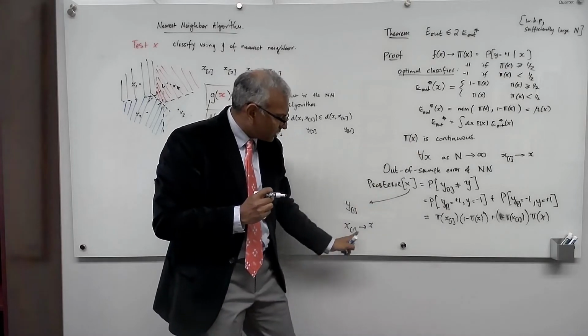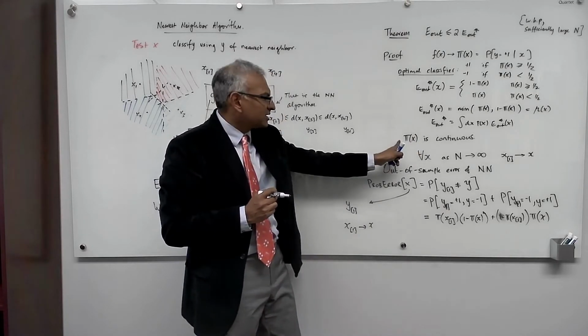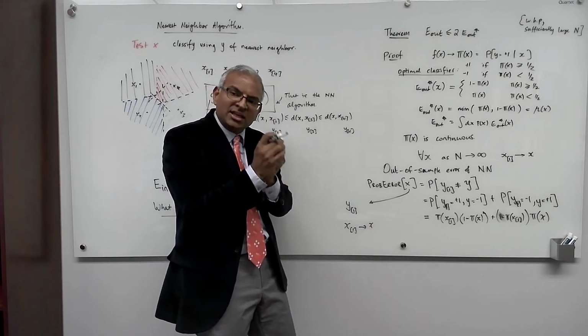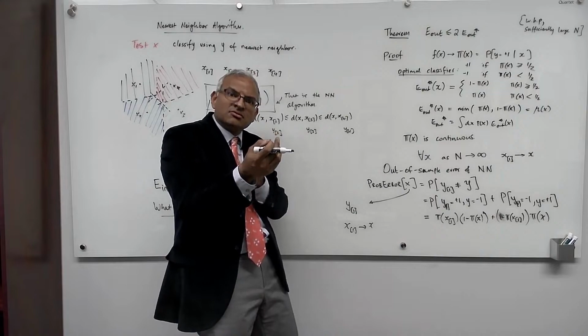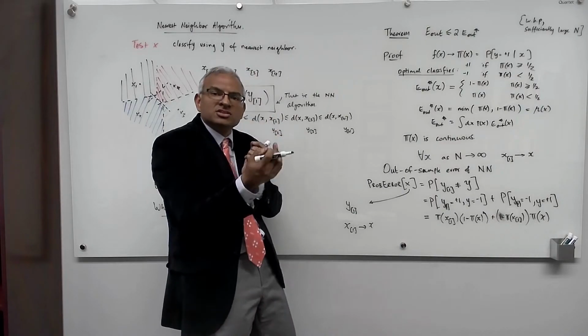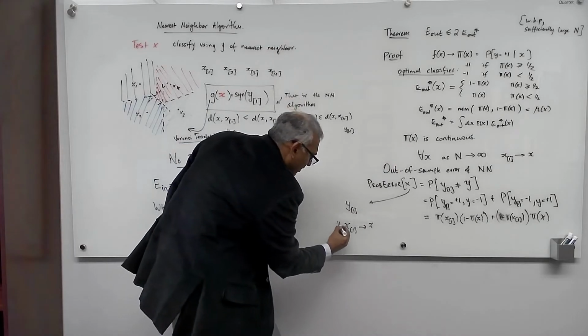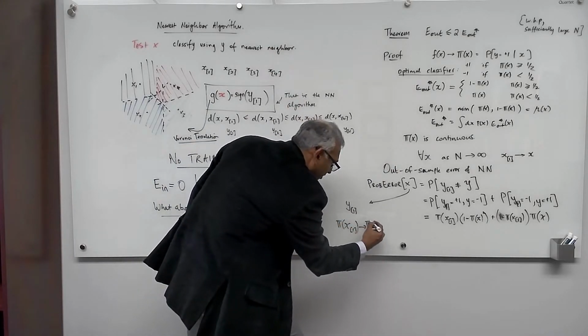It means that if X1 approaches X, and pi is a continuous function, so a function is continuous if and only if for any sequence that converges, the value of the function converges to the value at the limit point. So pi of X is continuous means that pi of X1 converges to pi of X.